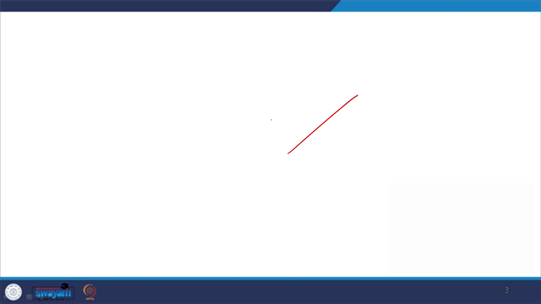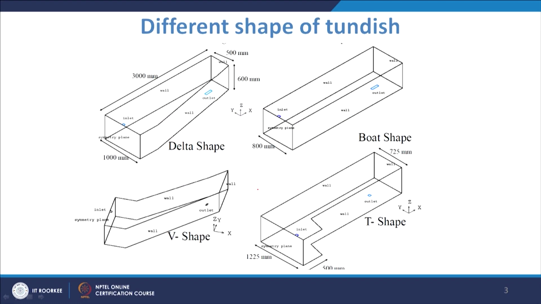You will have a 45 degree angle. So, that is the type of shape. This is V shape, this is inlet. This way you will have the extension on both sides.